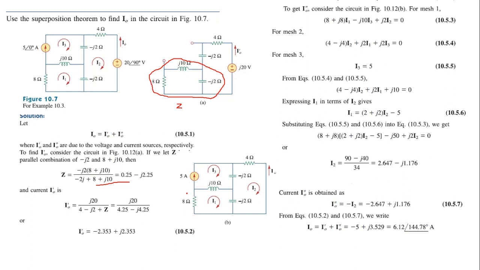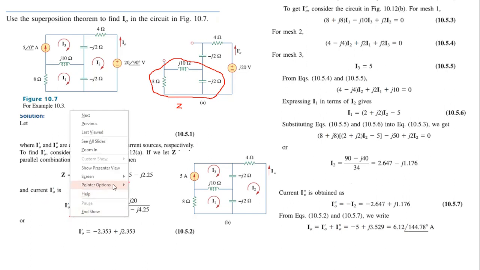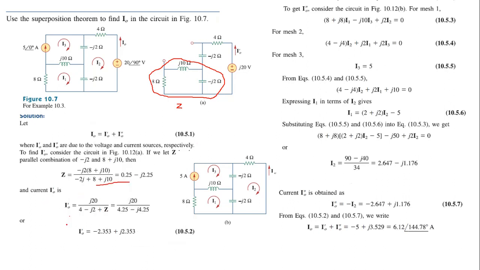So how can we find I naught dash? I naught dash is found out using Ohm's law, which is V divided by the total impedance Z total, right?